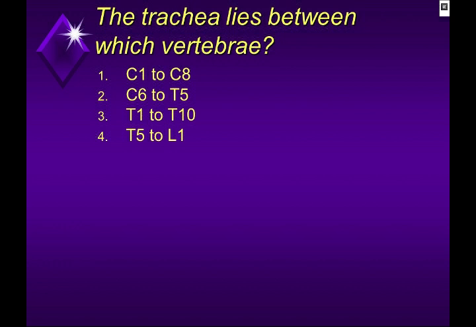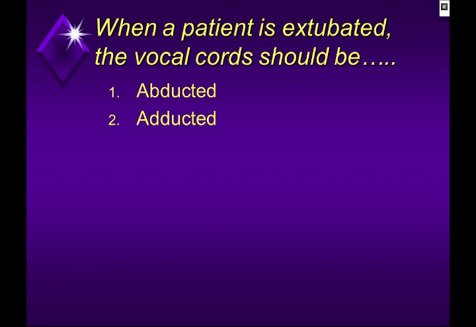Where is C1? The base of the skull, right? I don't think your trachea is up that high. I'm going to go out on a limb here. T1, T10 is a little bit too low. T5 to L1 is obviously ridiculous. It'd be somewhere in your stomach someplace. C6, T5 is correct. How should the vocal cords be when we're extubating?